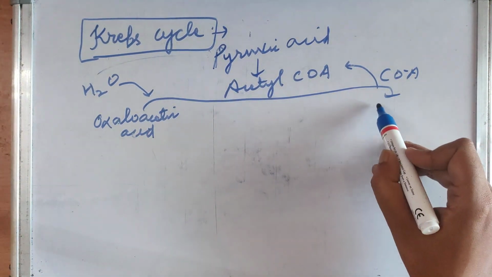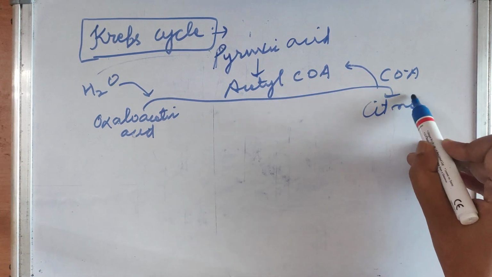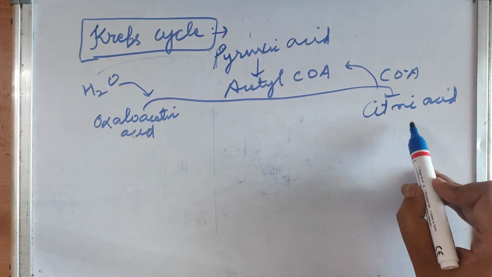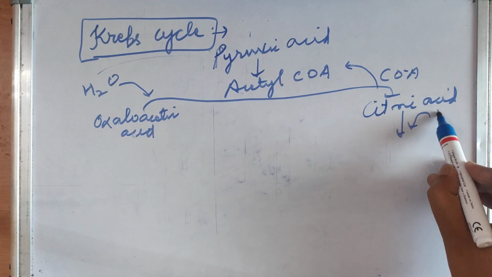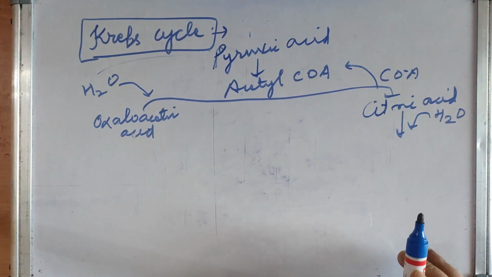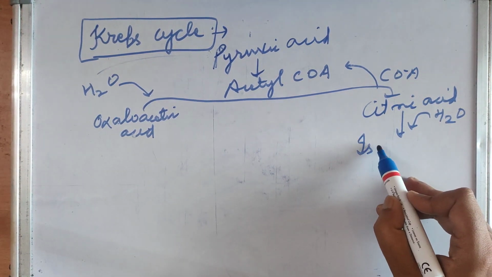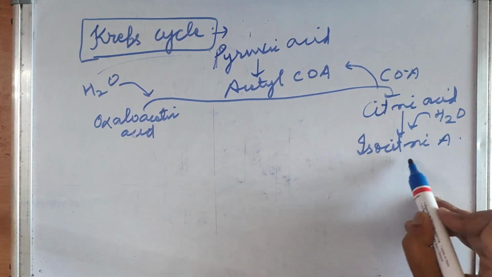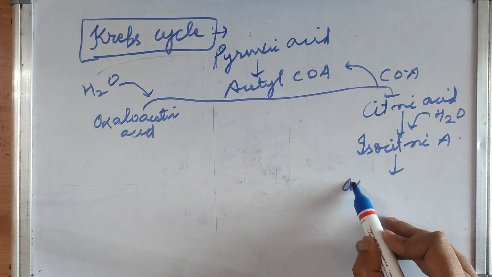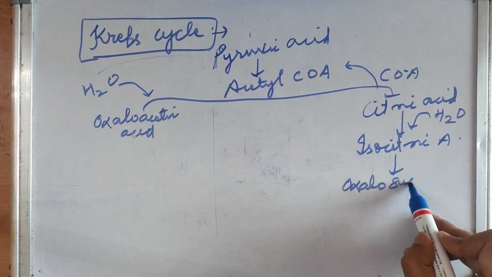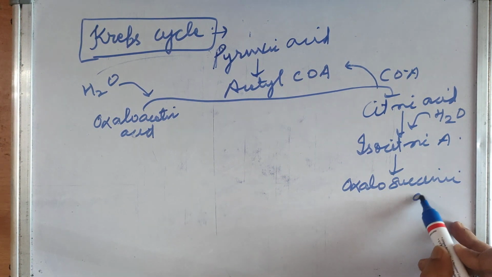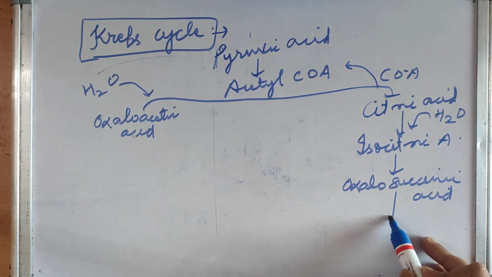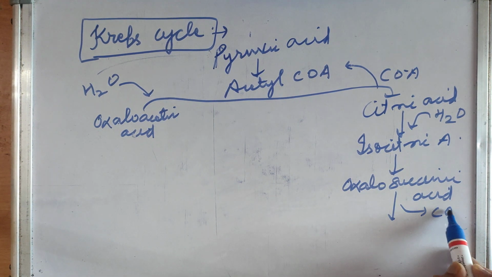So here oxaloacetic acid converts itself into citric acid. Again H2O comes in, that is, water is added. After addition of water, it changes into isocitric acid. Then it converts into oxalosuccinic acid, and here CO2 is released.